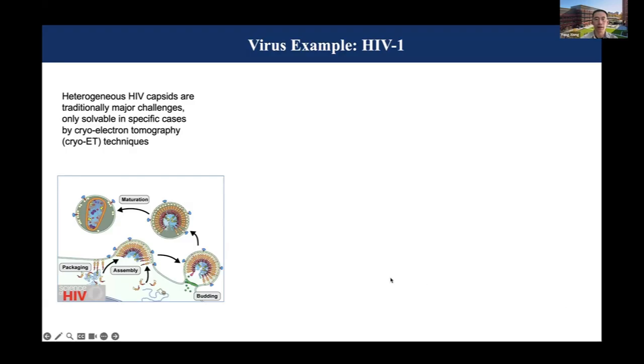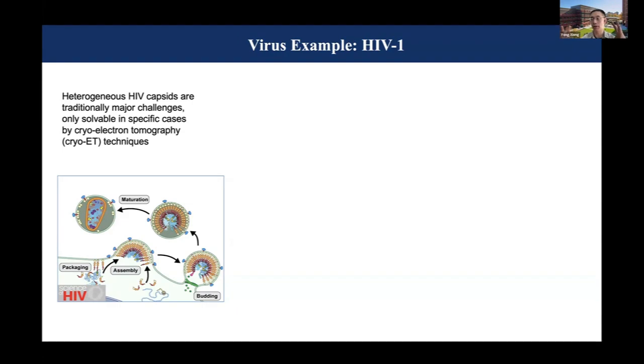For example, this is just a little figure showing the maturation of the HIV virus. It takes 2 different shapes. In the immature form, it's almost spherical, but it's broken. It's not good symmetry. Then in the mature version, you see the conical shaped virus that you see everywhere. Again, none of these have real symmetry in there.